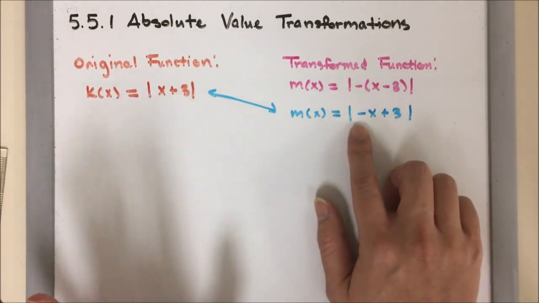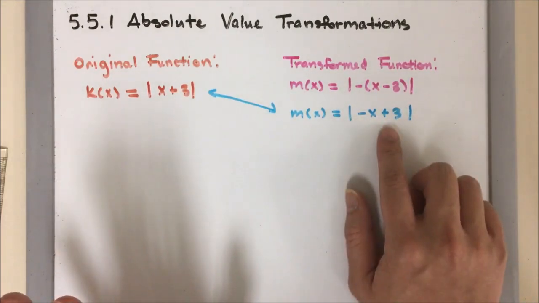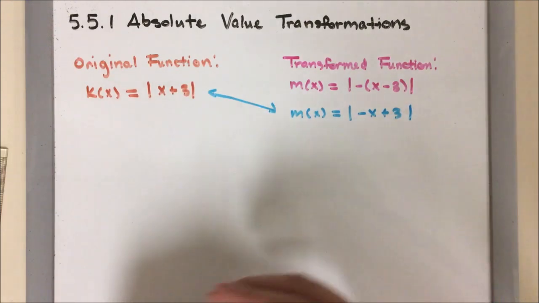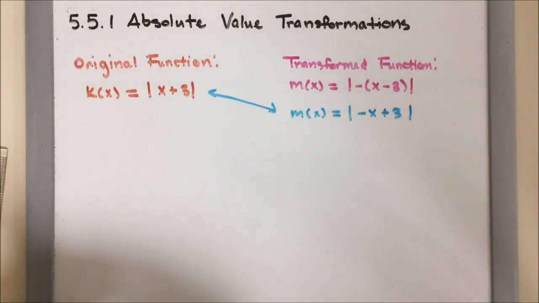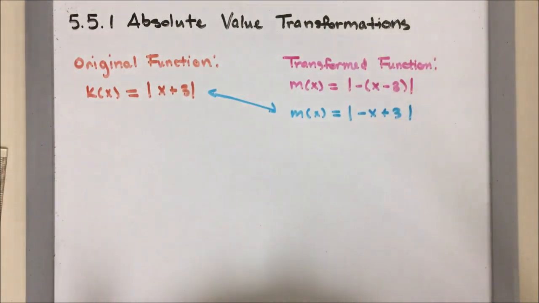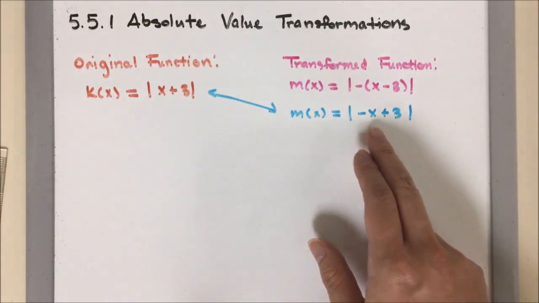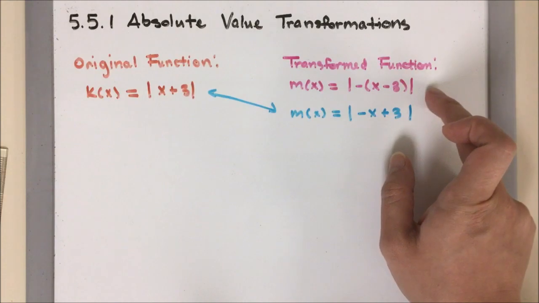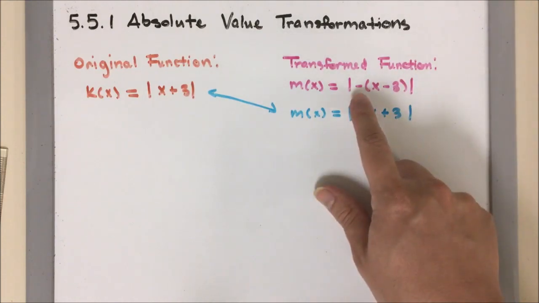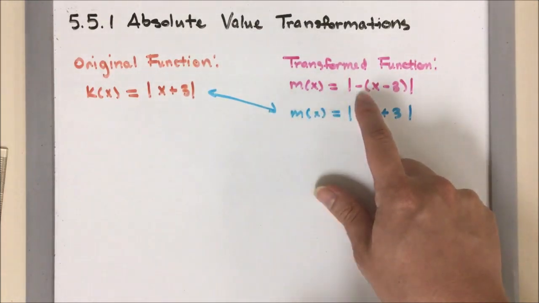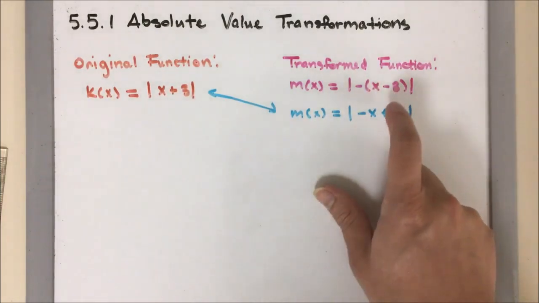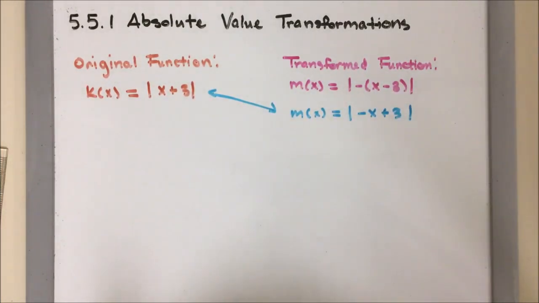Again, we're going to ignore the negative for the moment and talk about the plus 3. If you say translate 3 units to the left, that is not correct, because we have a negative right here. So let's go back to the function written in pink, negative parenthesis x minus 3, close parenthesis. That is the correct form.